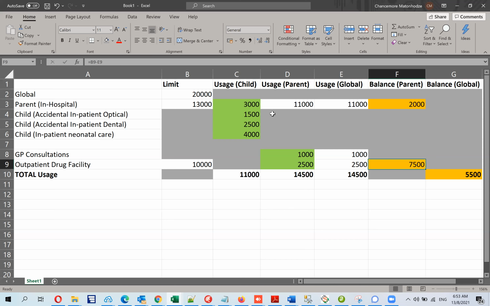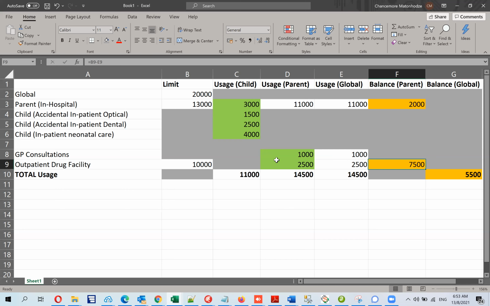All right, so now let's suppose they have another claim. Maybe the GP comes to see them while they are admitted. And the GP makes a separate claim by themselves.